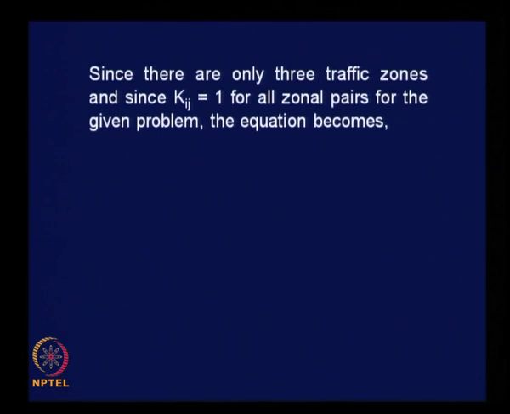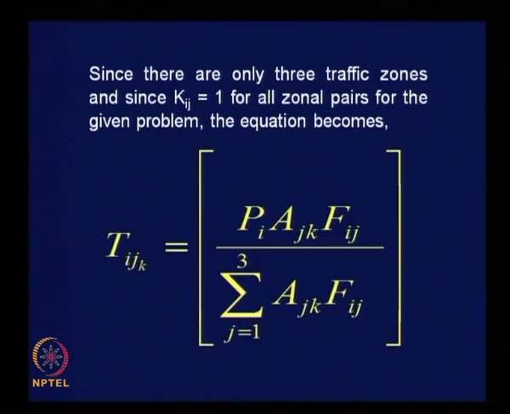We have only 3 zones. So we can further simplify this equation: Tijk is simply equal to Pi Ajk Fij divided by sigma j equal to 1 to 3 of Ajk Fij.